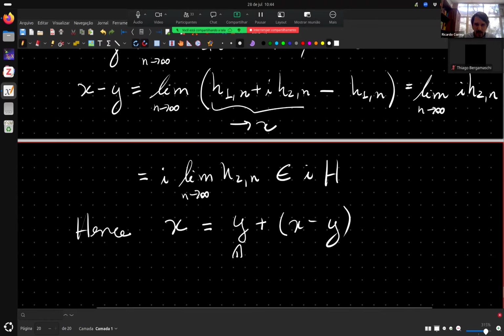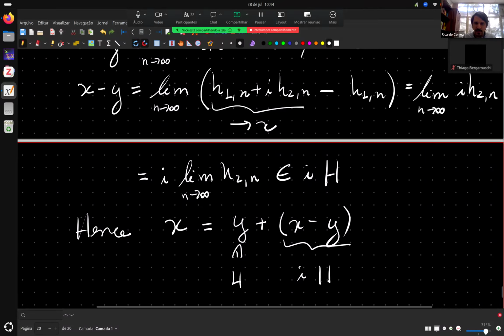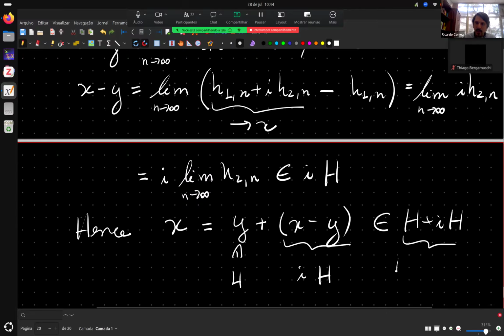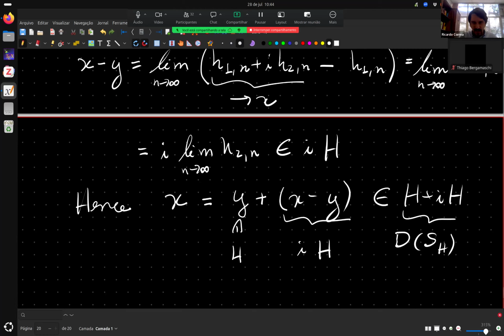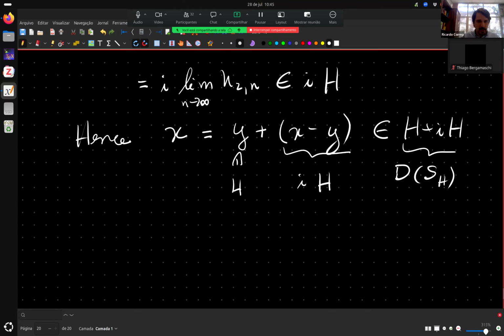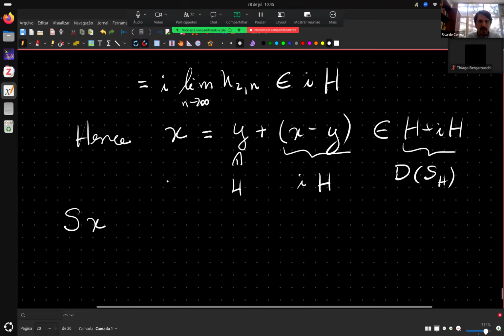This one belongs to h, and this one I just learned belongs to iH. So x belongs to h plus iH. And what is h plus iH? This thing here is the domain of SH. So now I can calculate what S of x is, and I just learned that, sorry, not S, it's P. It's also the domain of S, but it's also the domain of P.